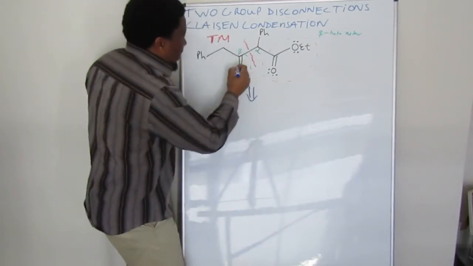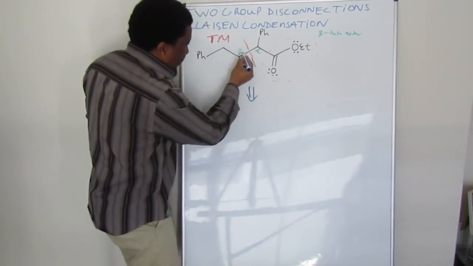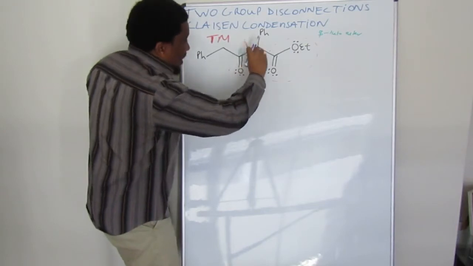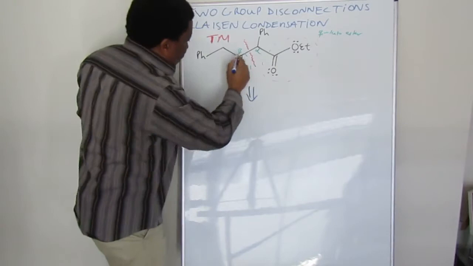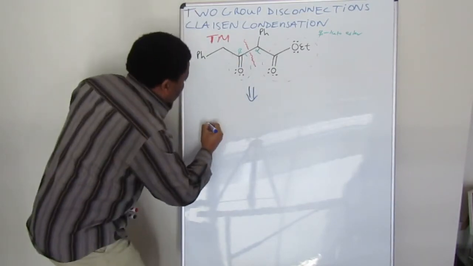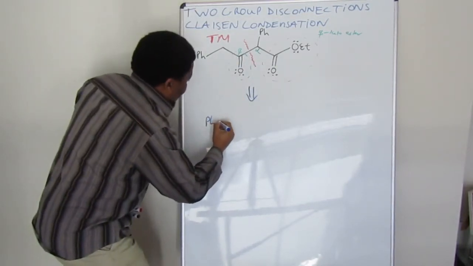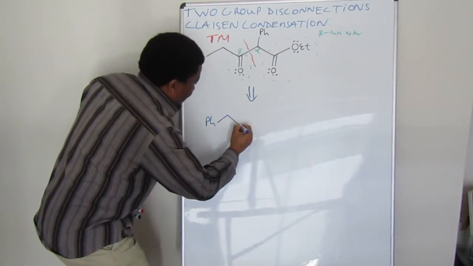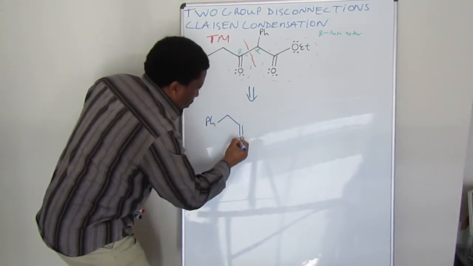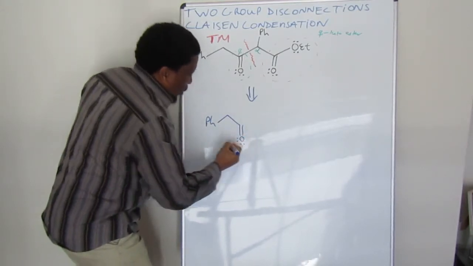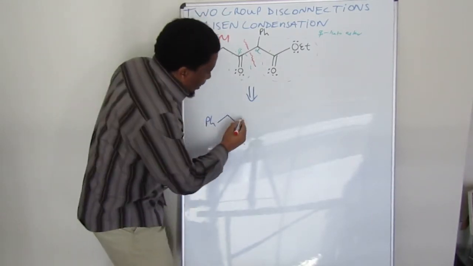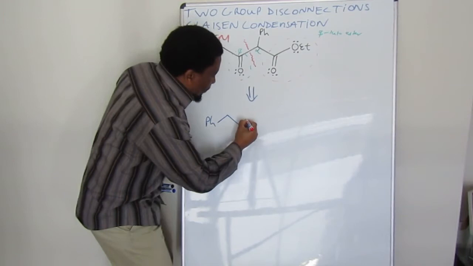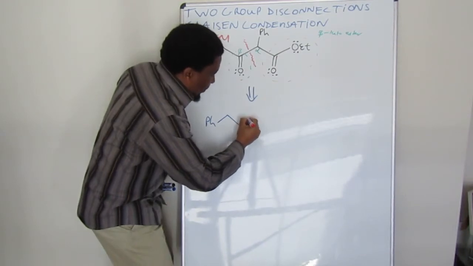In this case, if we disconnect at the alpha beta bond with respect to the ester group, this is what we're going to get here. We will end up with Ph, this here, and a double bond here. So this carbon atom here would be positive.